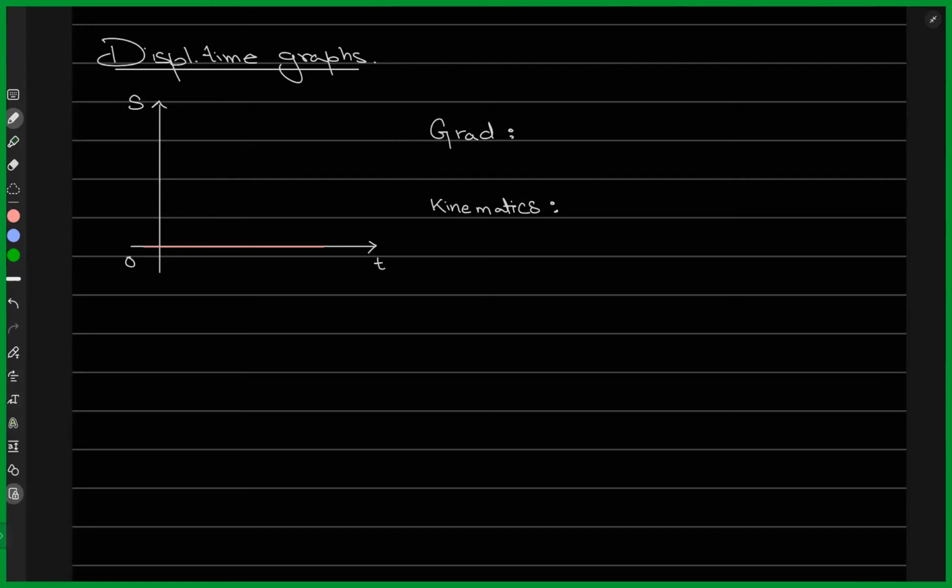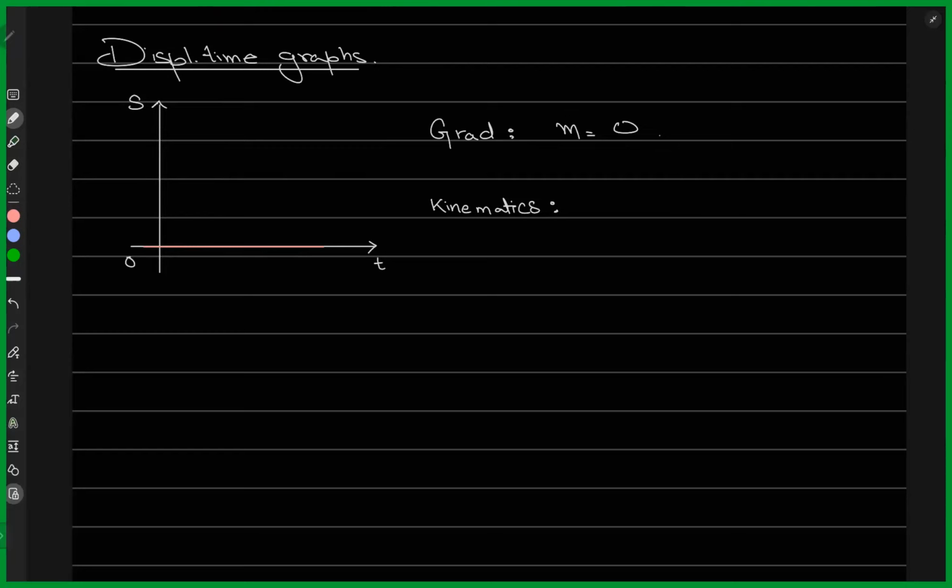Any idea? What should be the gradient of this line? It would be 0, right? So it would be change in s by change in t, which is m equals 0.